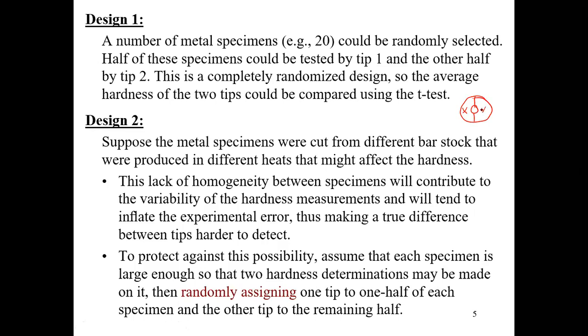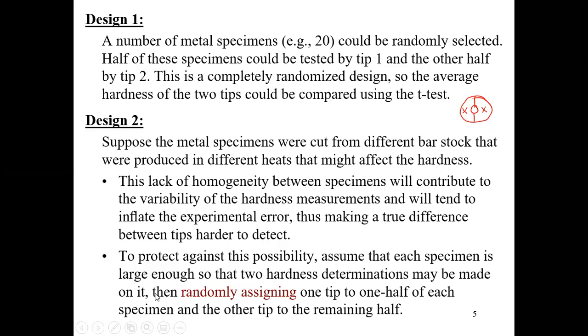The second part will be used to test the second tip. So now every specimen will be used to test the two tips, and now I have controlled the differences among these specimens. So each specimen is a block.